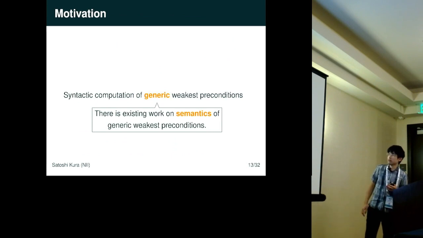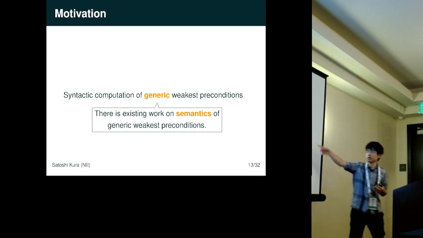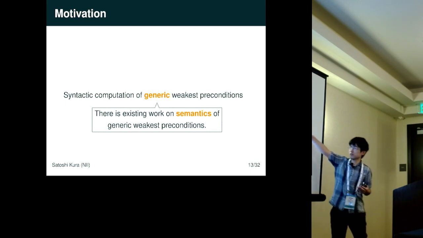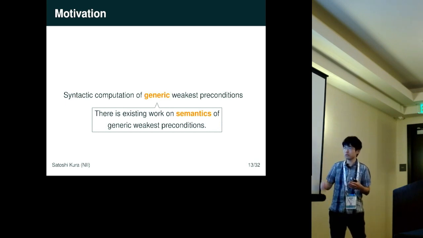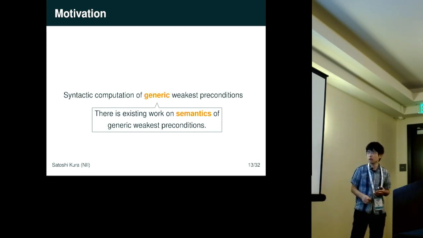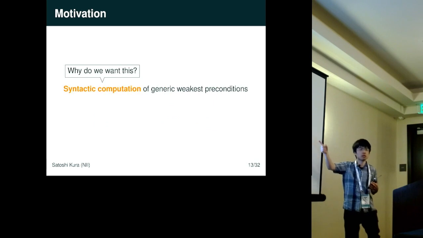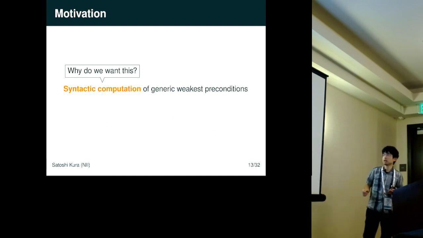Okay, so I have explained the existing work on semantics of generic weakest preconditions. But please note that this work is about semantics of generic weakest preconditions. And what we want to know here is the syntactic counterpart of the generic weakest preconditions.